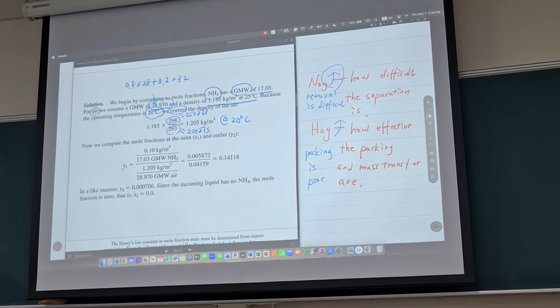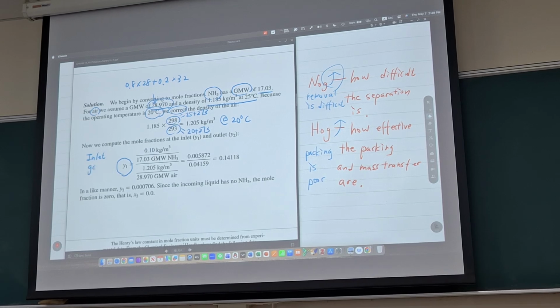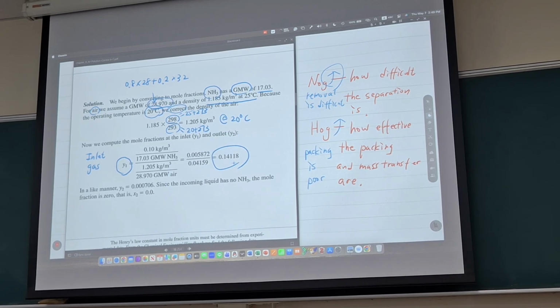After that, let's calculate Y1. Y1 is for inlet gas, so we got this amount.